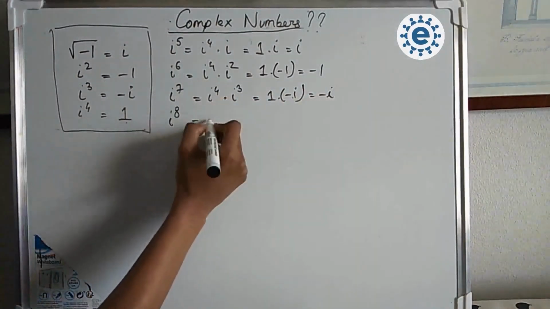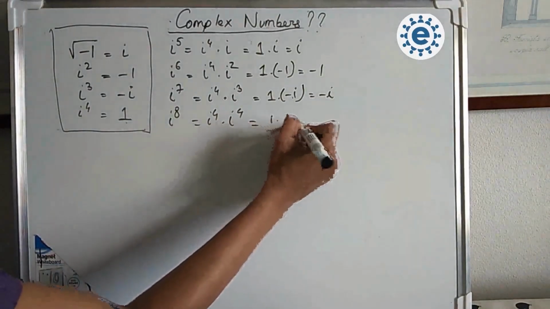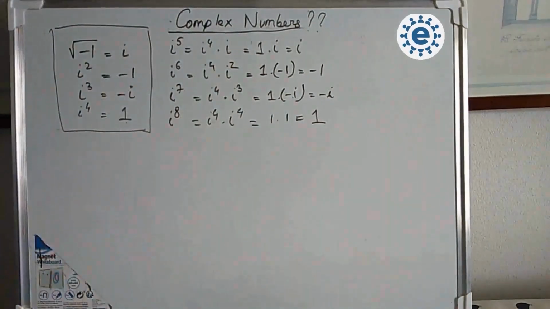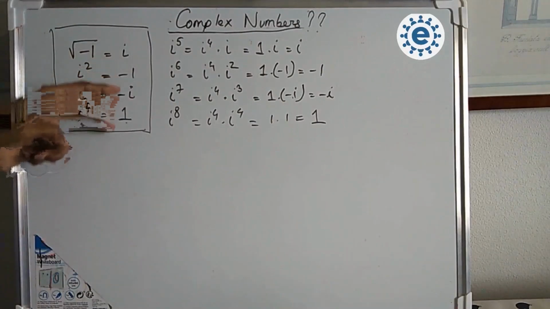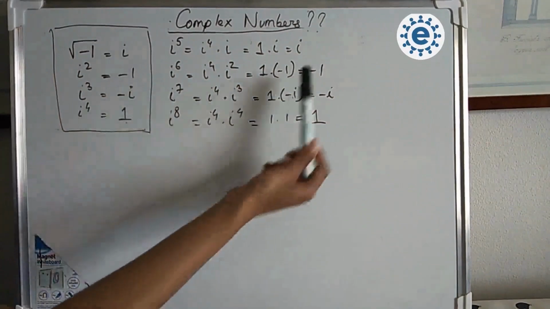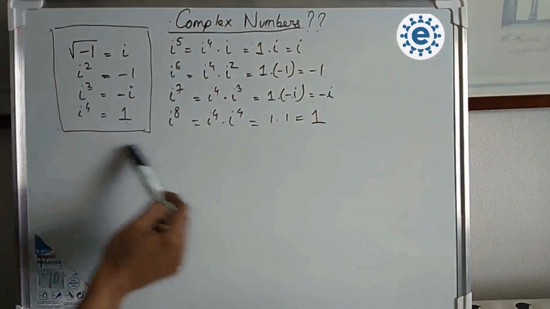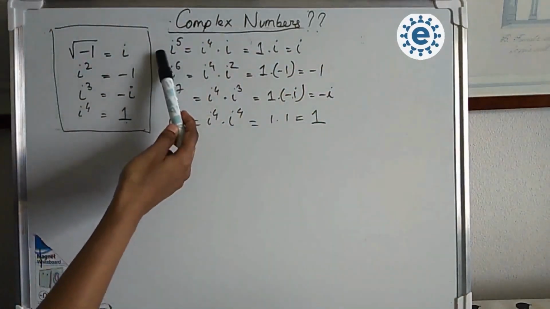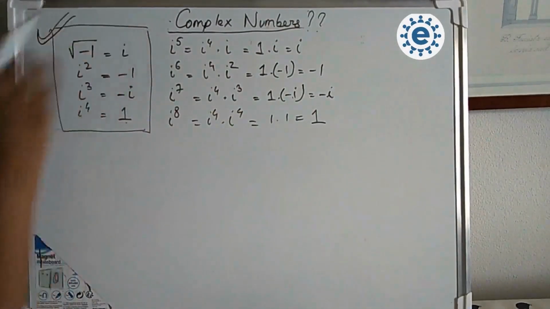Then I8 is I4 times I4, that is 1. So what we observe here is that the value of I gets repeated after every 4 terms. These 4 terms keep repeating again and again. You have to understand how the value of I varies. Just remember these 4 terms, it's enough.